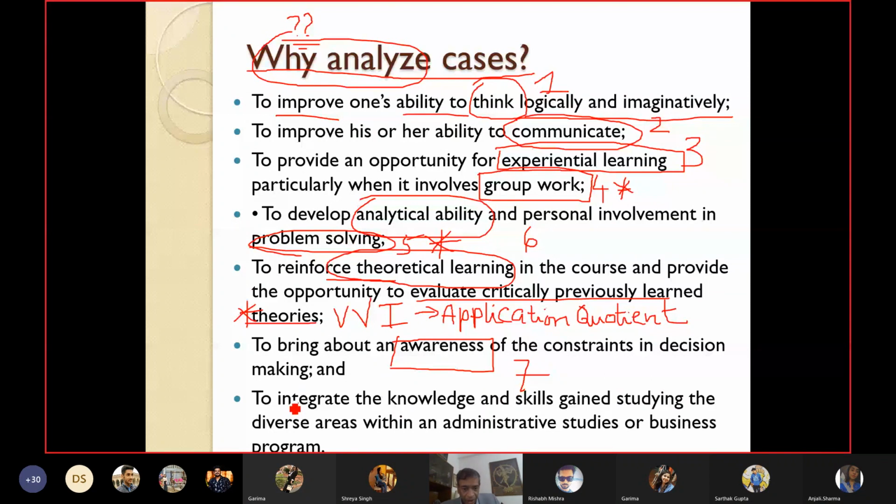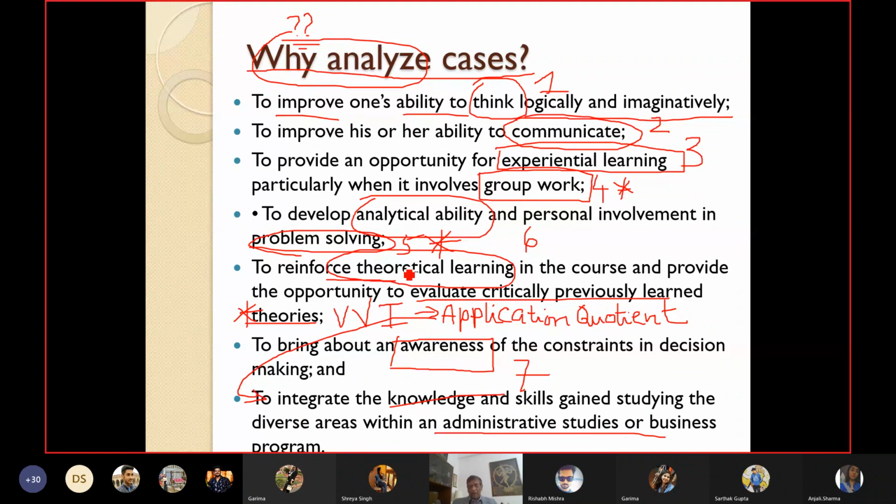Again, another part, as I said here, the application quotient, I'll put this down here to integrate the knowledge and skills studied in business programs. So, in business management programs, whatever knowledge and skills that you acquired, integrate them together by referring to a case.